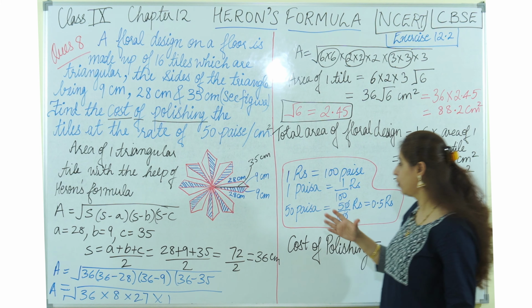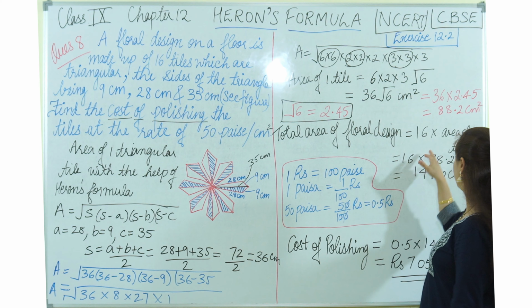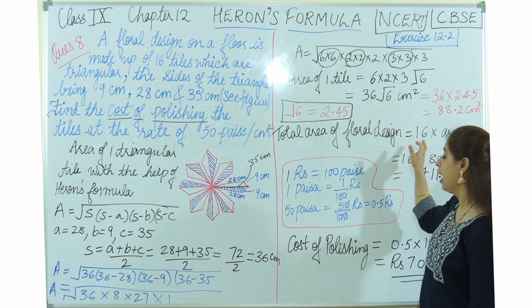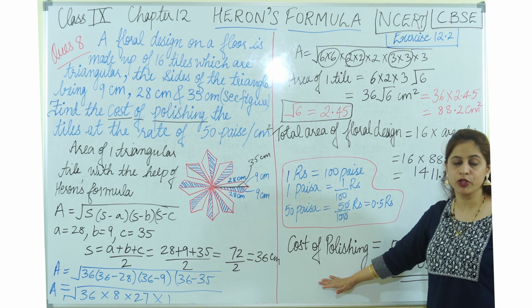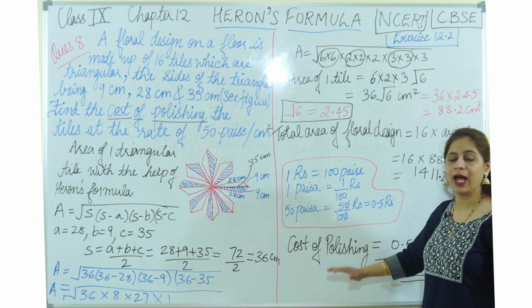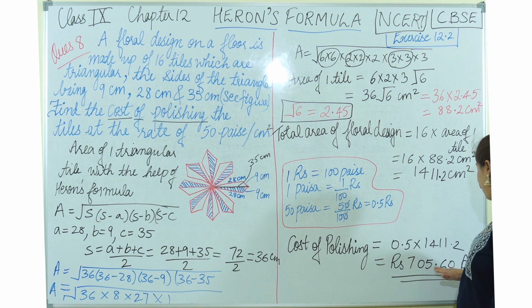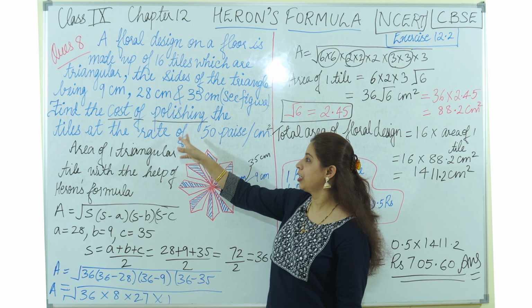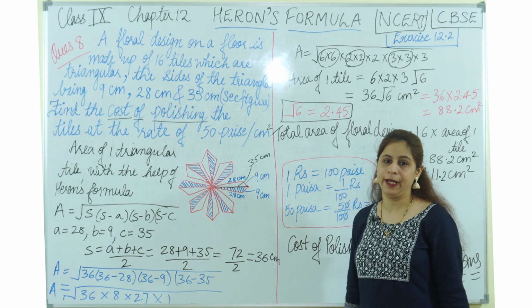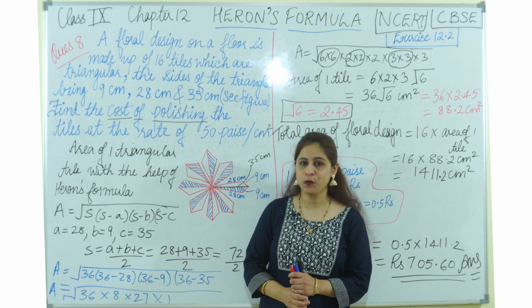After that we found out the total area, and then we multiplied with the cost which was given to us in the question, and we got our answer to be 705.60. So this many rupees one should spend for the cost of polishing the floral design. Okay, so in this manner we need to proceed with such type of questions.